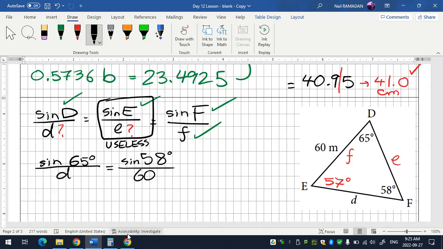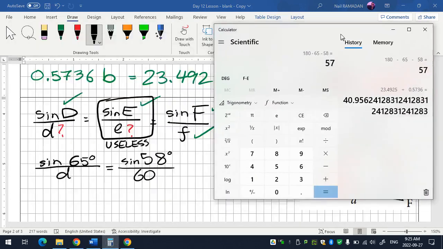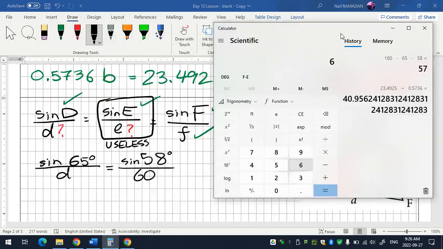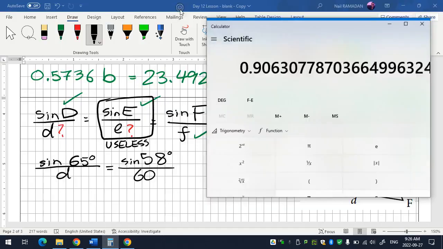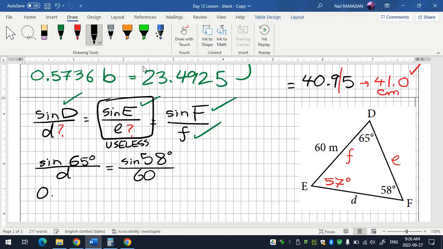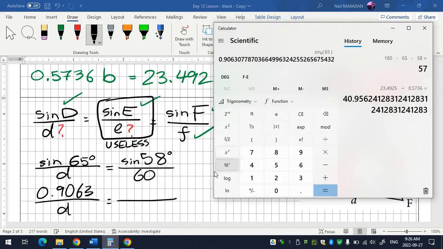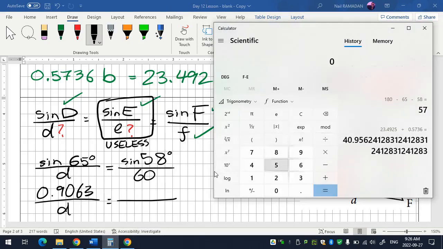All right, let's get some numbers. 65 degrees, what's the sine? 0.9063. Equals sine of 58 over 60.